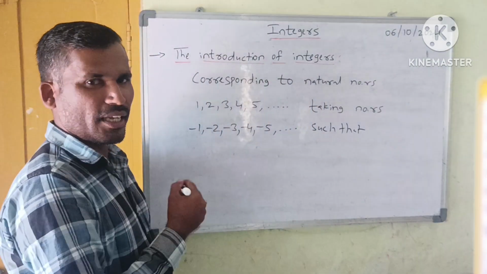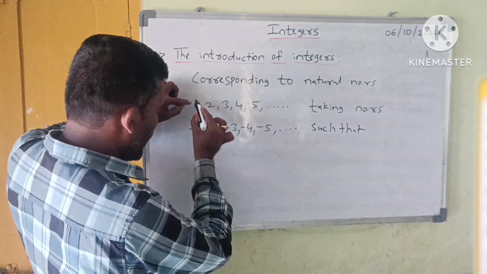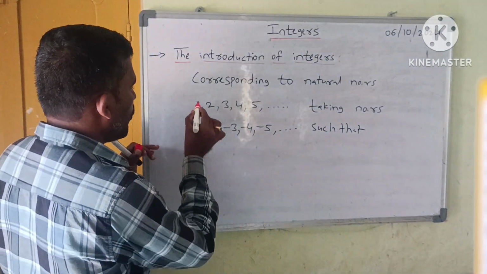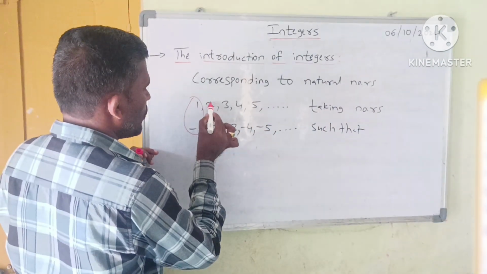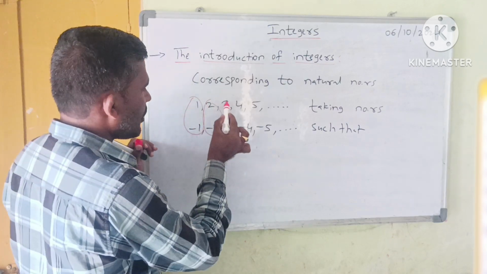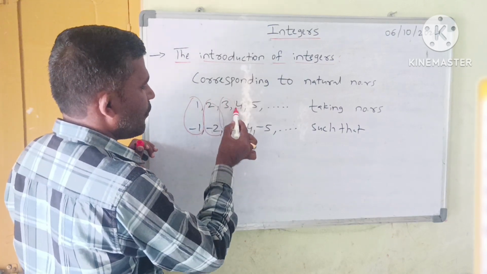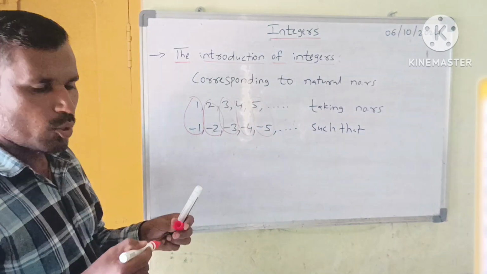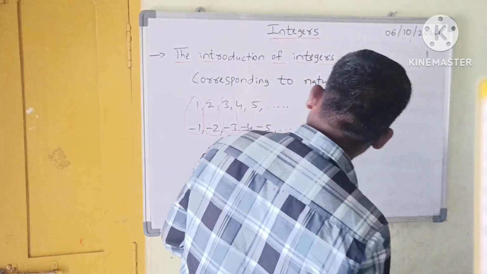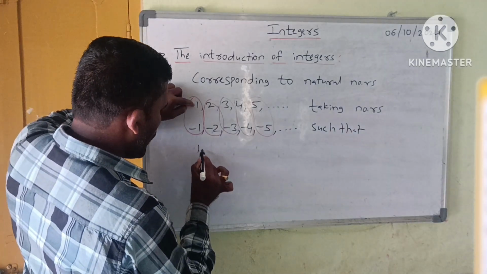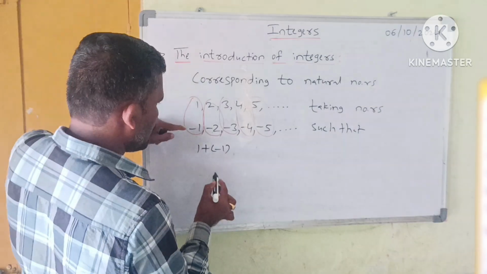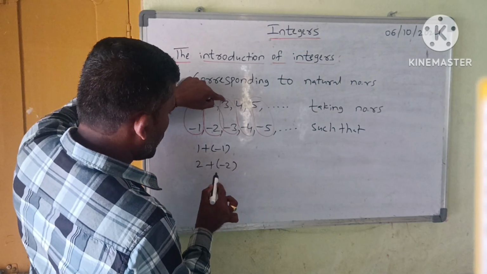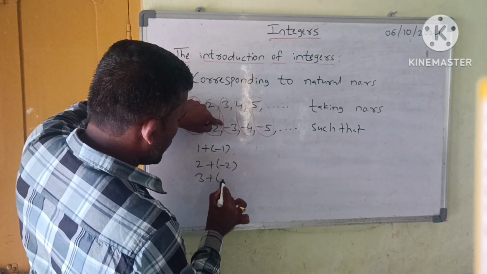Such that when adding these two, 1 and minus 1, 2 and minus 2, 3 and minus 3, 4 and minus 4, 5 and minus 5, we will get 0 only.